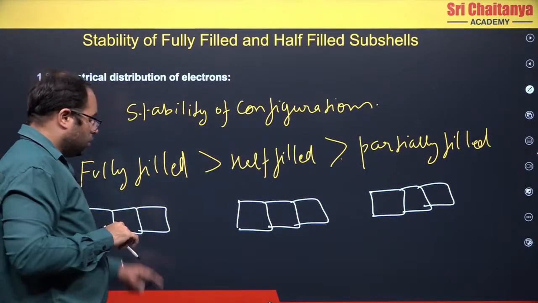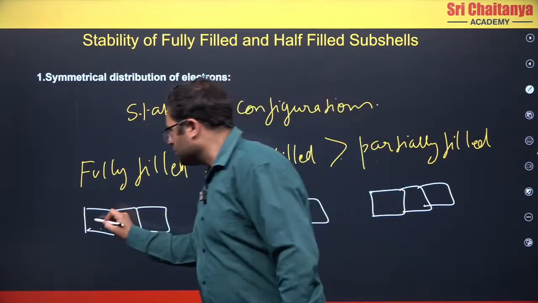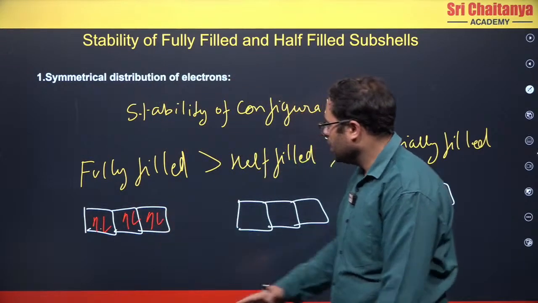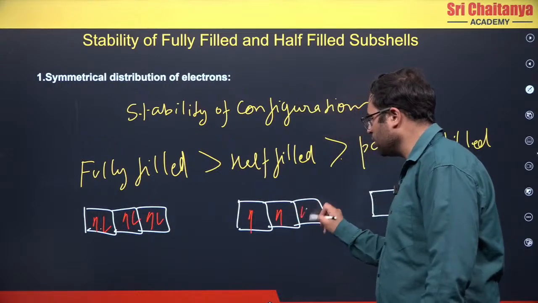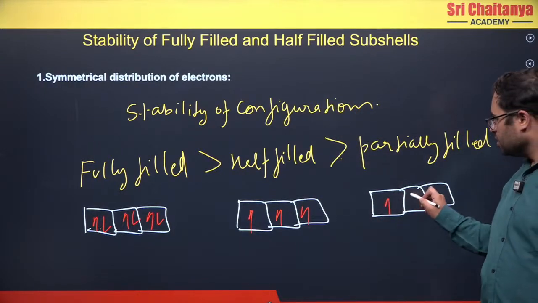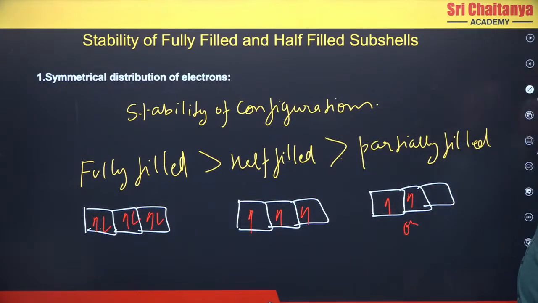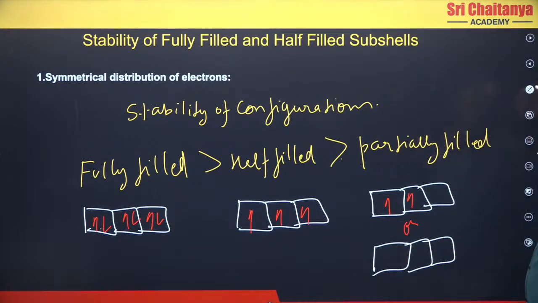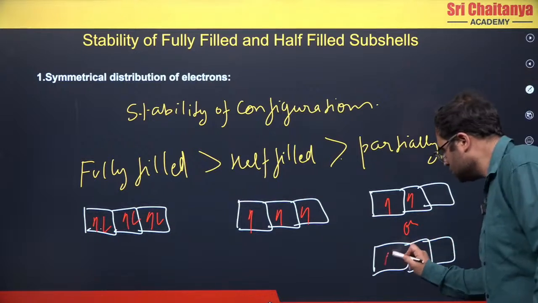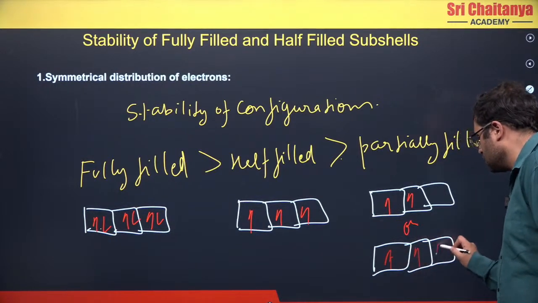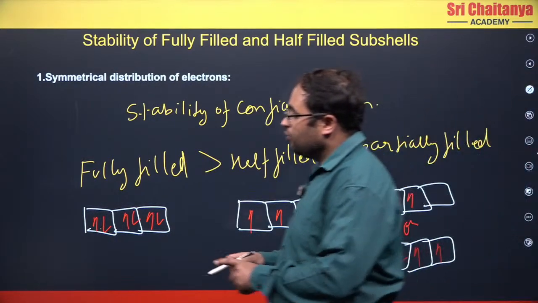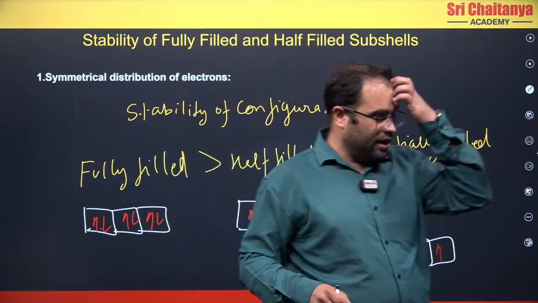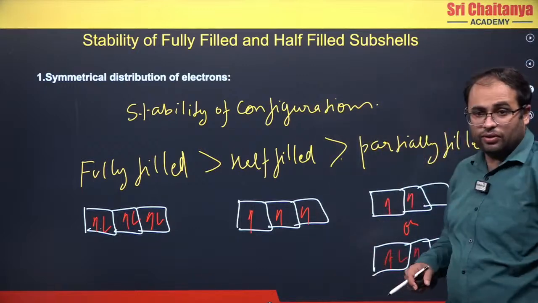Fully filled means fully filled 1, 2, 3, 4, 5 and 6. Half filled means only one electron. Partially filled means this, or it can also mean this. The fully filled configuration is much more stable than half filled and partially filled, right?